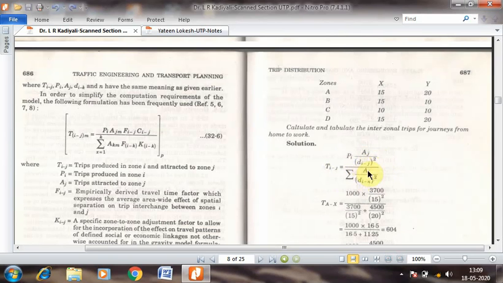Pi and Aj are already known to you. Pi is the present number of trips happening in any given zone, and Aj is the attraction of the individual industrial estate. Now remember this equation and we shall start substituting the parameters into it.